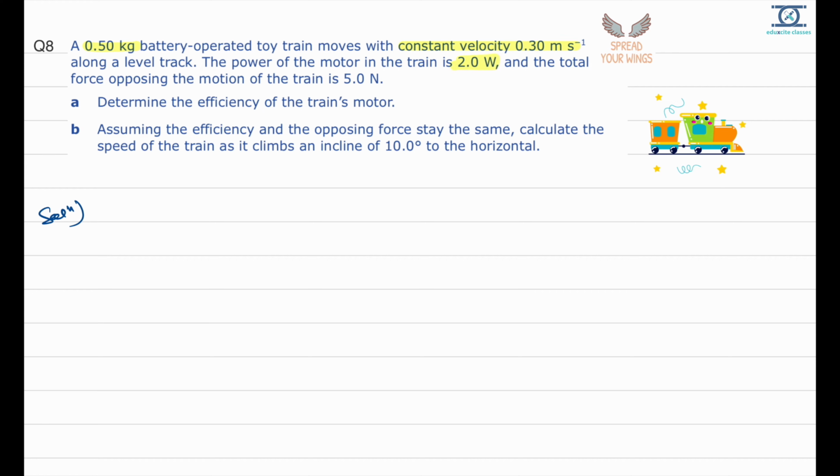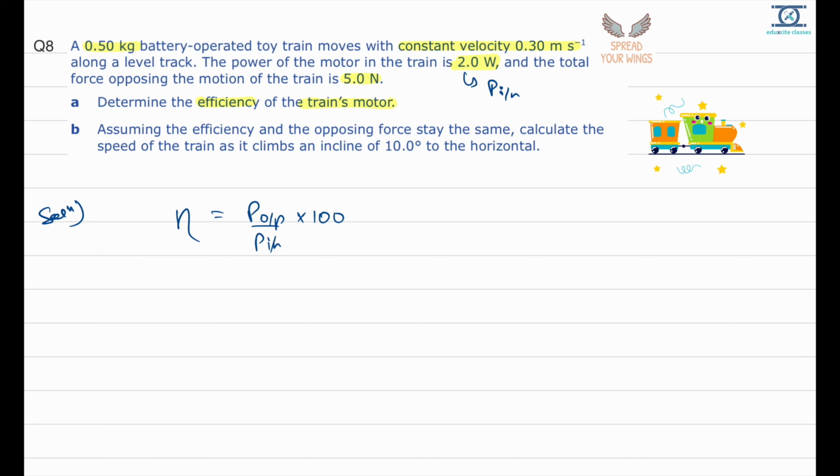So this is the power input, you can say, and the total force opposing the motion is 5 Newton. Find the efficiency of the train's motor. Now we know that efficiency is power output upon power input, and if you want to convert into percentage, you have to multiply it with 100, right?